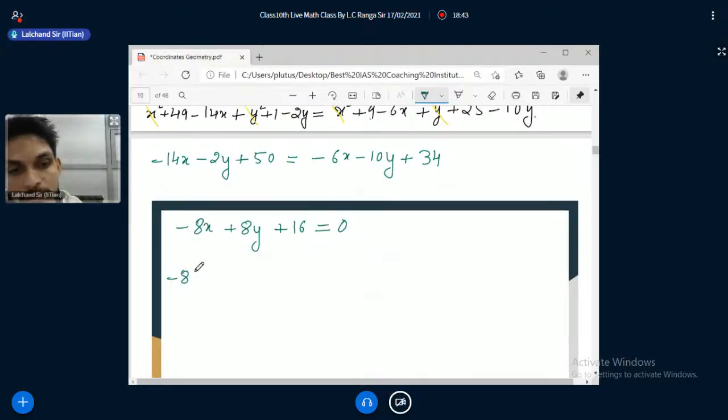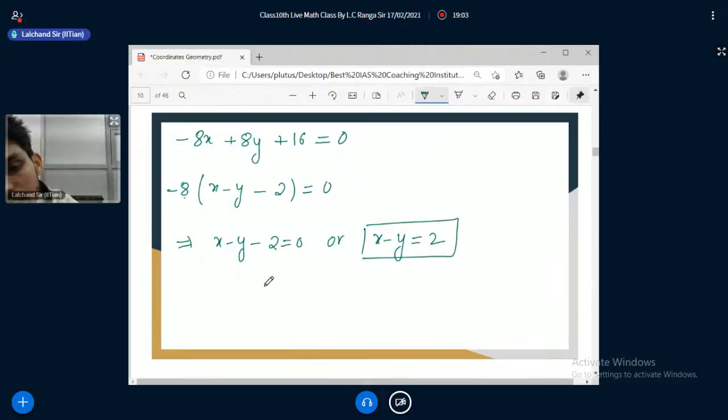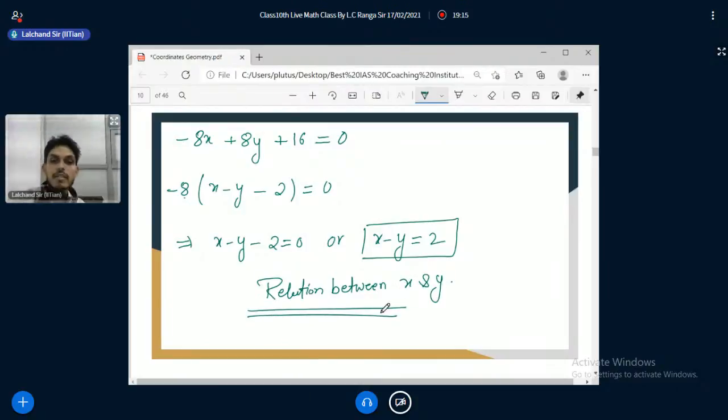If we take minus 8 as a common, then we divide by minus 8, and this equation reduces to x minus y minus 2 equal to 0. Or we can write x minus y equal to 2. Okay, this is the relation between x and y.